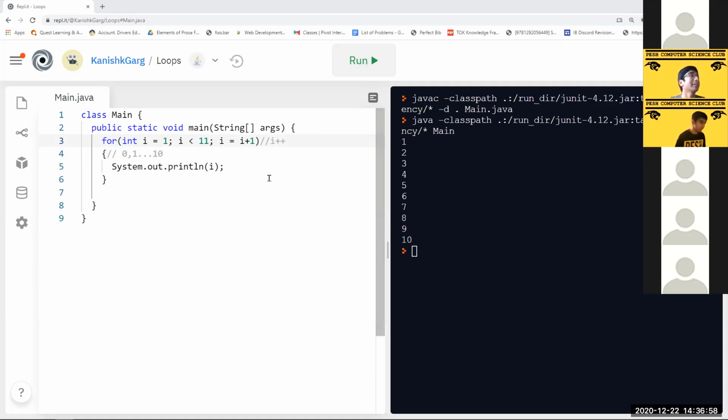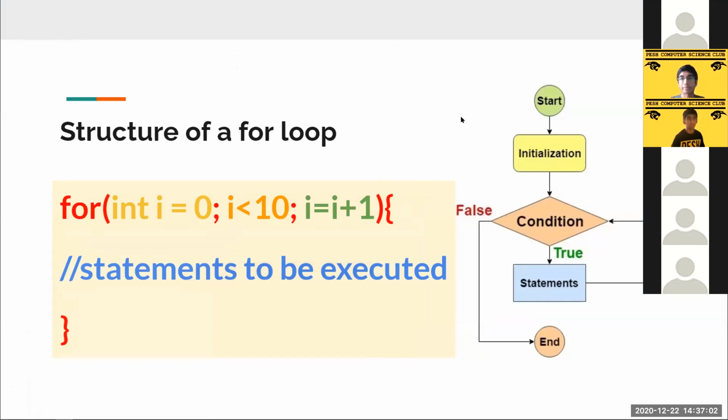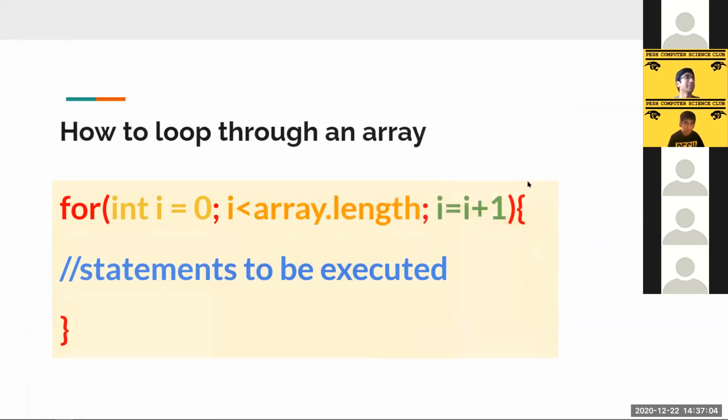Now I'm going to go back to the presentation for a bit, because Madhu was talking about how to loop through an array and how you want to print an array without using toString. So how you would want to loop through an array is you would do the same thing, like I is equal to 0, but for the stopping condition, you'd set it as array.length.